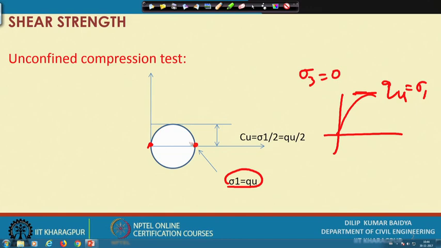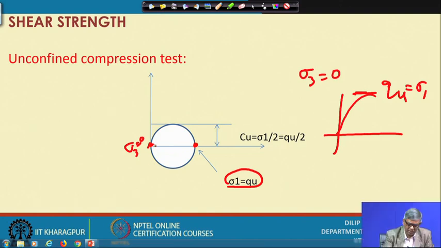So, based on sigma 3 equal to 0 and sigma 1 equal to q u, if you plot the Mohr circle, this will be a unique circle, because only one circle we can get, and there will not be any phi. That means your shear strength will be constant and your envelope will be horizontal like this.